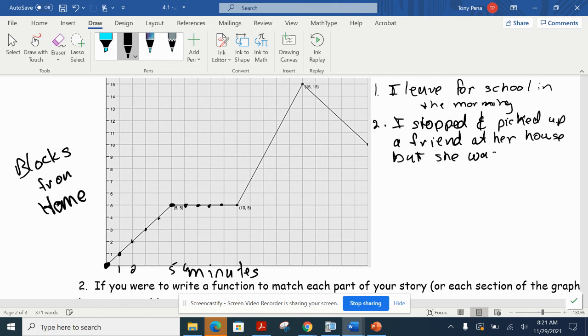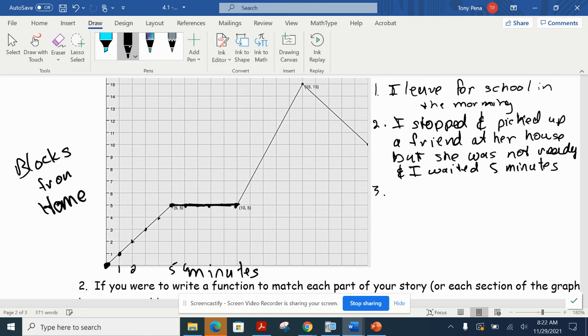And then I'm going to put, but she was not ready. Or he. And you waited 5 minutes for her. All right, so that now takes care of these 5 minutes. After that, we head off to school again.